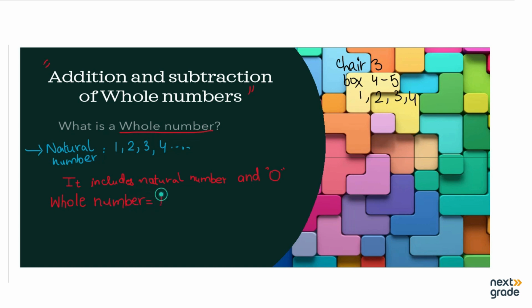We use the symbol W. If we are talking about the whole numbers we use the symbol W. And how do we write it in the form of numbers? तो हम इसको लिखते हैं that W is equal to, we put a bracket and then we write 0, 1, 2, 3, 4 and so on. So it tells us symbolically that the whole numbers include these numbers.